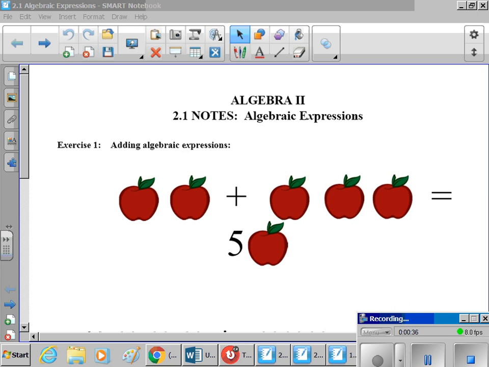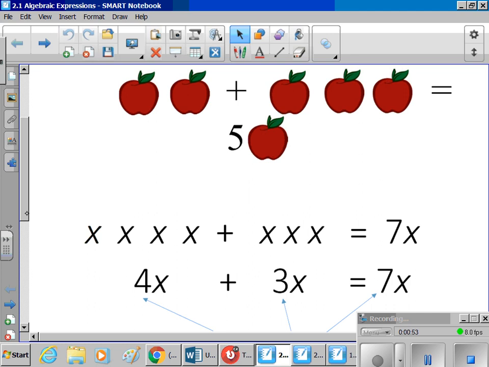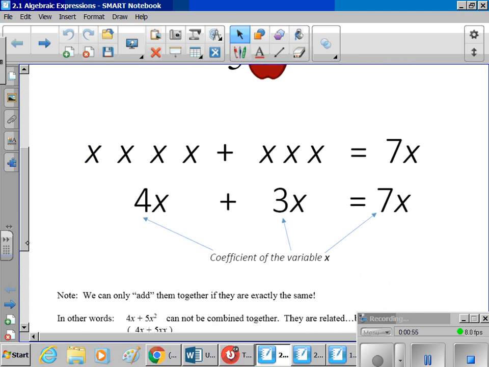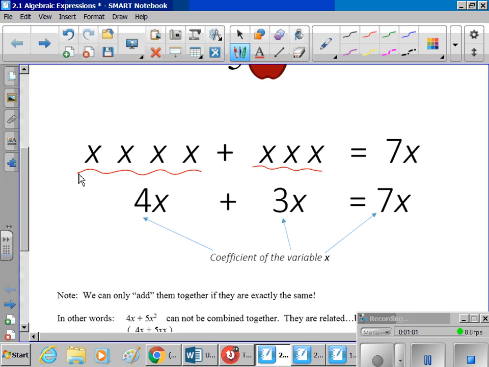All right, so here we are in exercise 1. I know you think you're in first grade, but we have 2 apples plus 3 apples equals 5 apples. It's kind of the same thing when we're adding like terms. So when you consider x's, here we have 4x's plus 3x's is equal to 7x's.